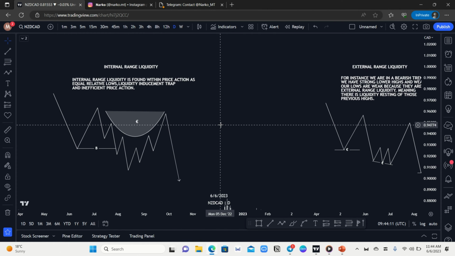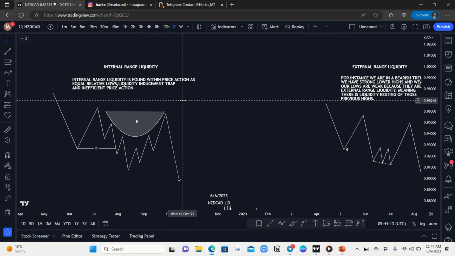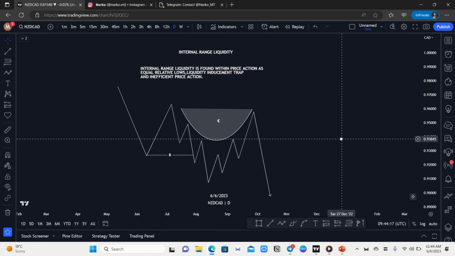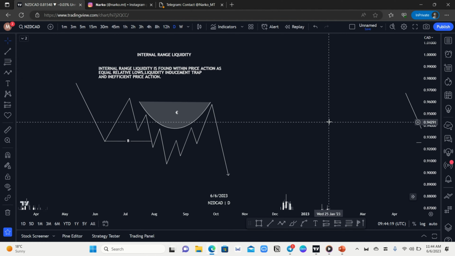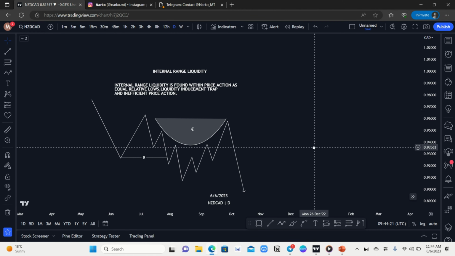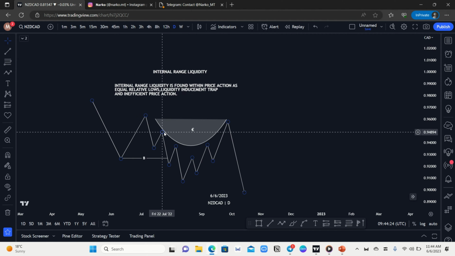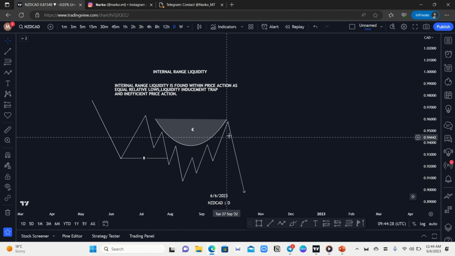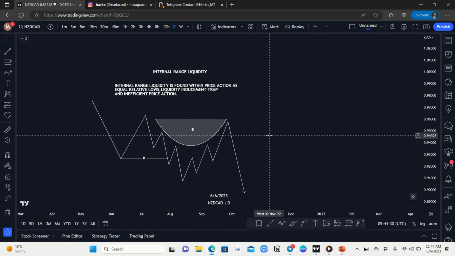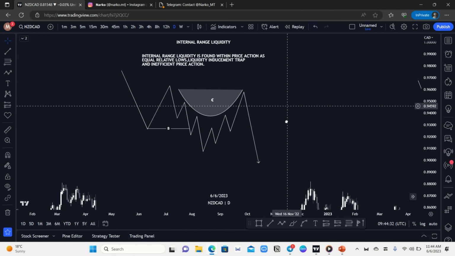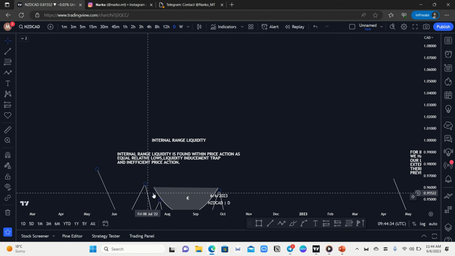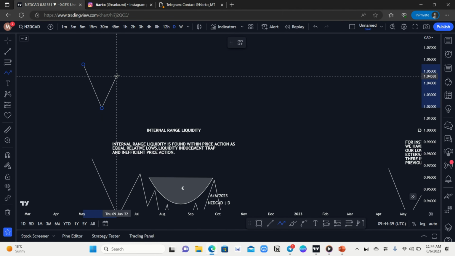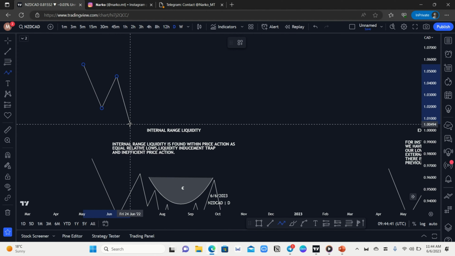Okay, so in internal range liquidity, you have something like this here, whereby all the internal structure within your market structure is liquidity. As you can see here, we're in a downtrend.